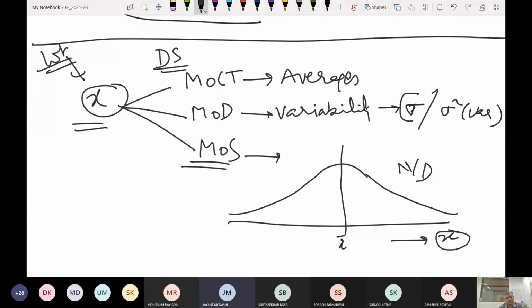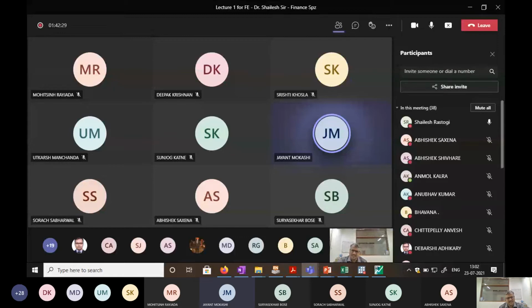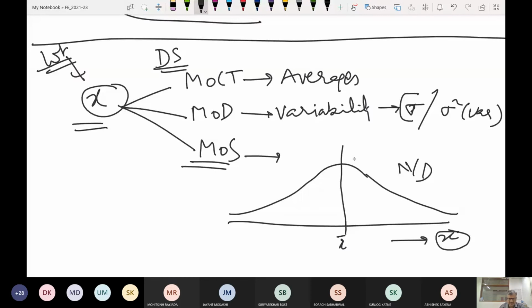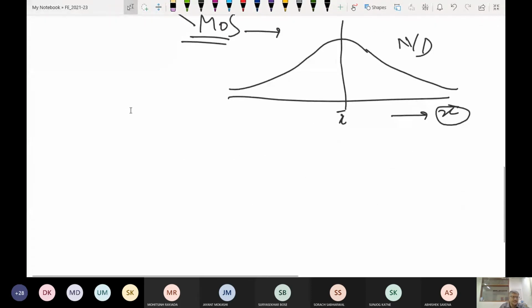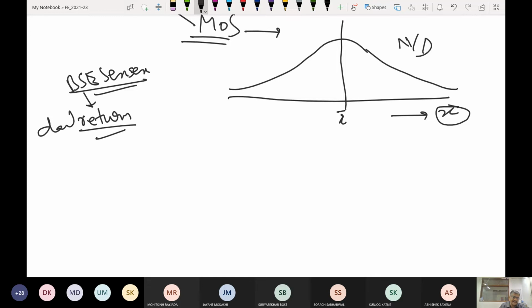Can you explain the last one more time? Your stat professor will describe things in detail, it's her job, but you are asking, so I'll explain. Let's say I'm studying the return on the BSE Sensex. Daily return means day 1, day 2, day 3, and likewise I have got data of, let's say, 5 years.